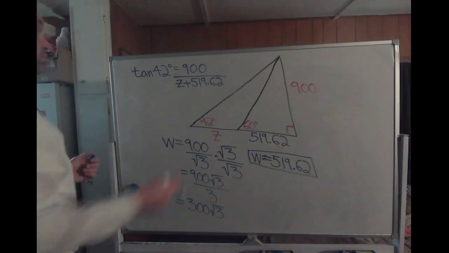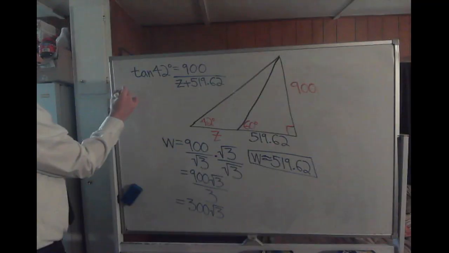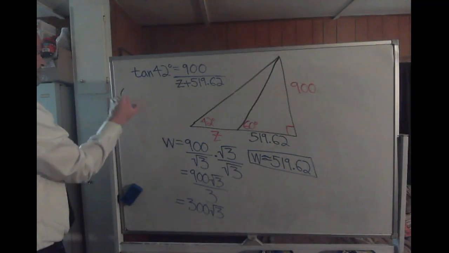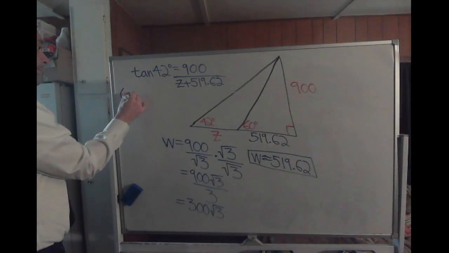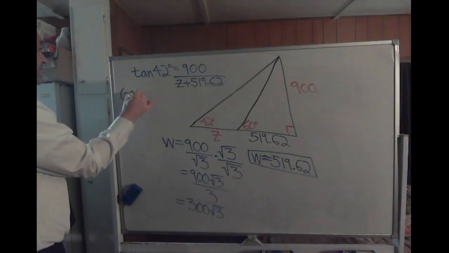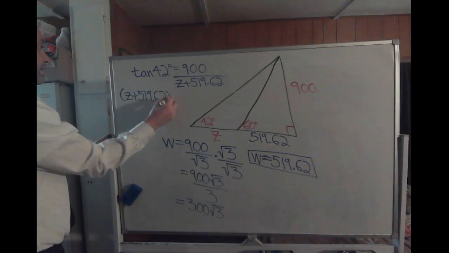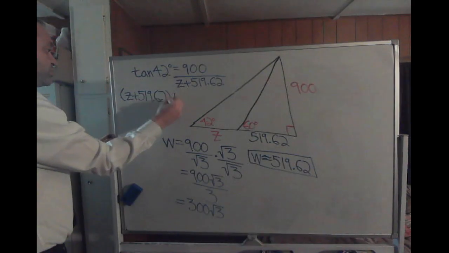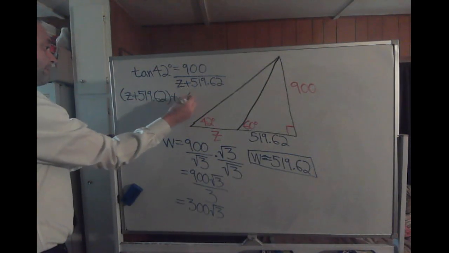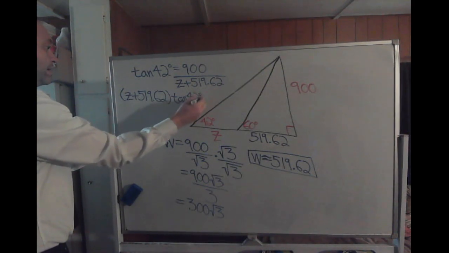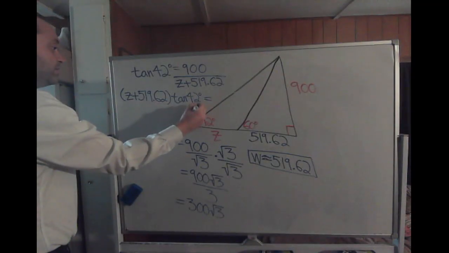And now you multiply both sides by the denominator, you would end up getting Z plus 519.62 times the tangent of 42 is equal to 900.